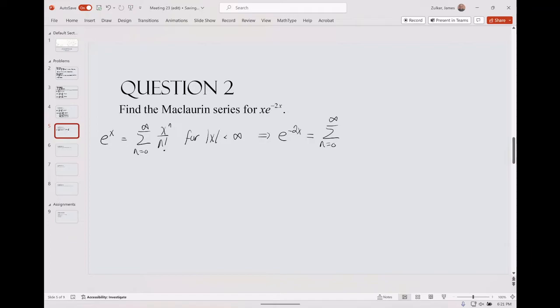Is it (-2) to the n over n factorial? That's a negative 2x, yeah. And that's going to be for negative 2x, absolute value less than infinity.